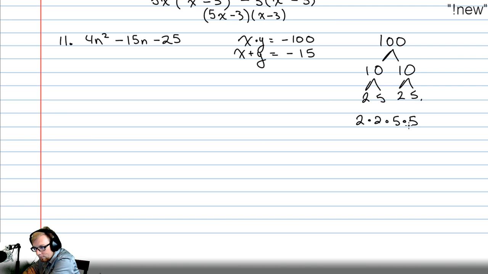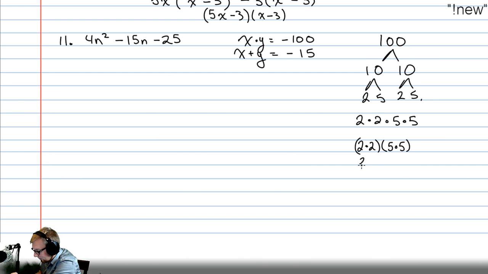Well, let's see. We have 2 times 2 and 2 times 5. 2 times 2 and 5 times 5. Okay.